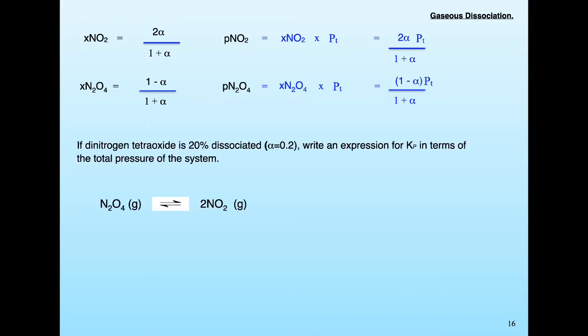Let's try this for a numerical expression. Imagine dinitrogen tetroxide at a given temperature is 20% dissociated, so alpha is 0.2. So let's plug this in.